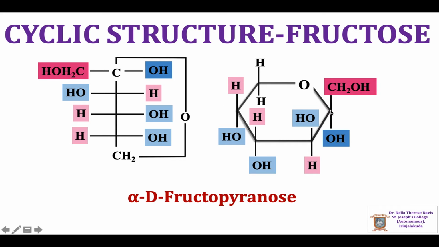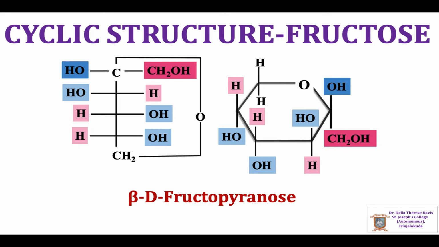This is the anomeric carbon. In the alpha form, the OH is towards the bottom and the CH2OH group is towards the top. And in the beta form, the configuration at the anomeric carbon is reversed. That is, OH is represented at the top and CH2OH group towards the bottom.